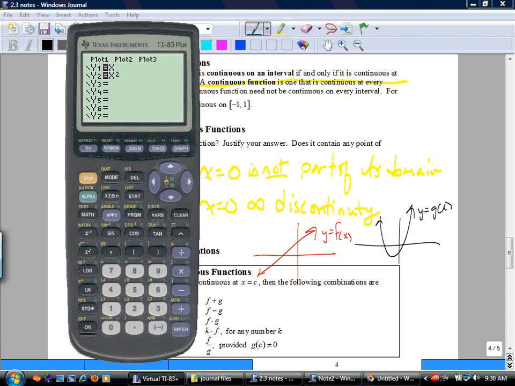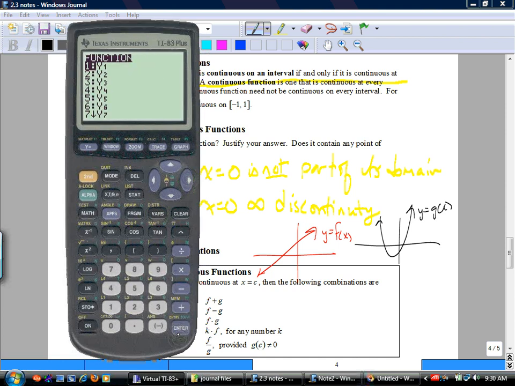Here's me playing with your brain. I don't know if you know that you can do this on your calculator. If we add them together, y1, y2, is the function continuous? Yes, it is.